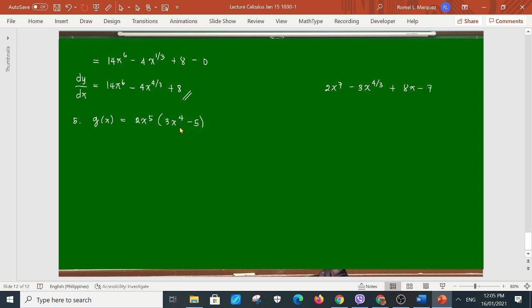Now, you can expand so that you can apply term by term integration, or you can differentiate directly considering it as a product. So this is our u and this is our v.